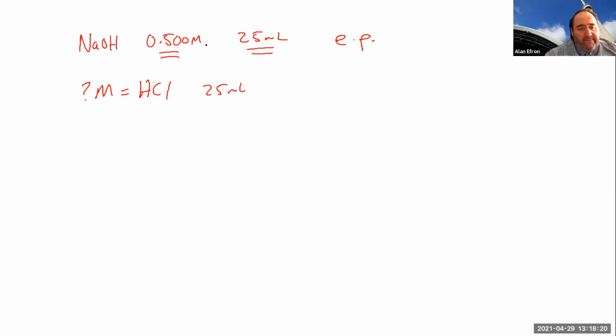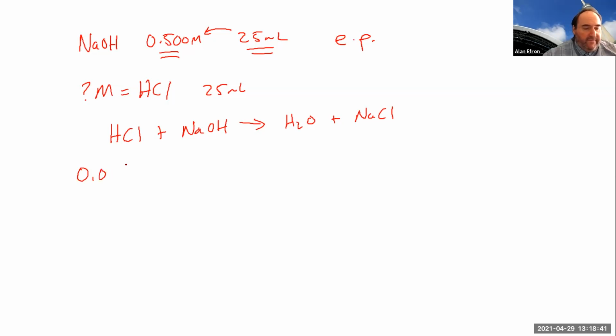By knowing the volume to reach the equivalence point, we could do stoichiometry to back calculate and figure out the concentration of an unknown acid. In this example, we would convert our 25 milliliters to 0.025 liters and multiply by the molarity of our base in my made up example here.